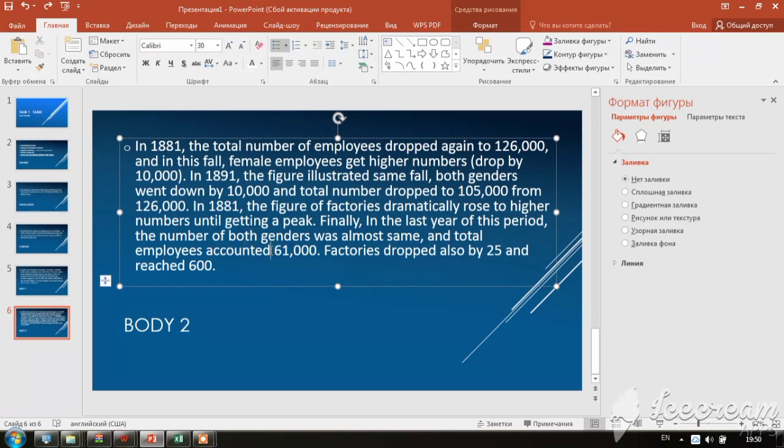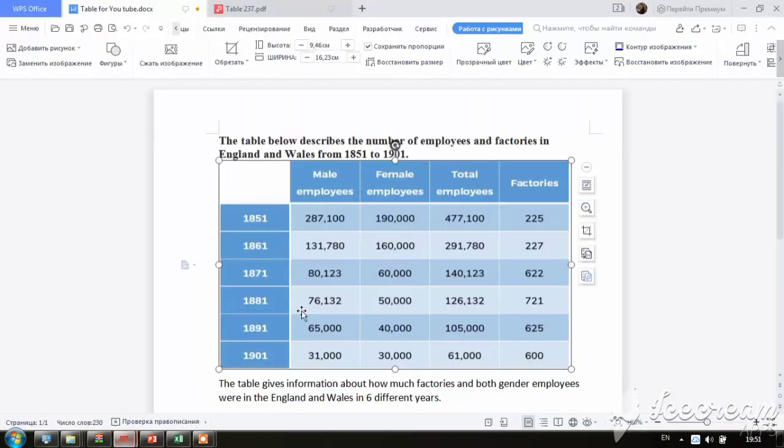We can say the total numbers, and then finally in the last year of this period the number of both genders was almost the same and total employees accounted for 61,000.